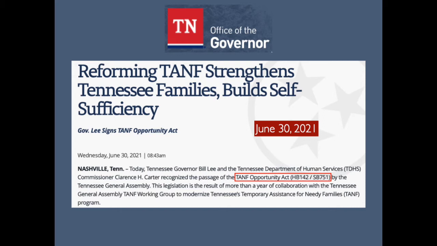So just a few weeks ago. And you'll notice it's labeled as House Bill 142, Senate Bill 751. So we're going to trace that just a little bit and talk about how that came to be, how policy changes happen. We're going to use talking about TANF as a way to understand how policy comes about, some of the influences on it.